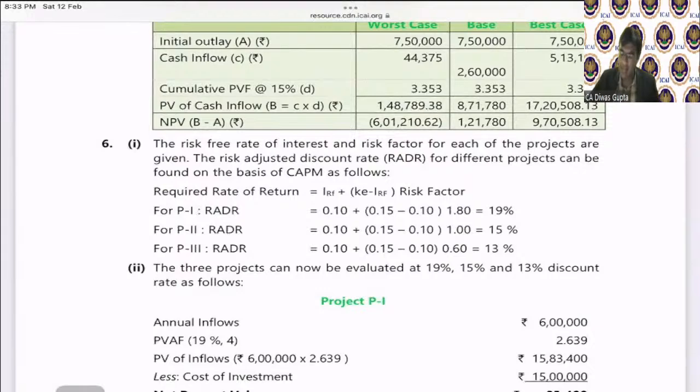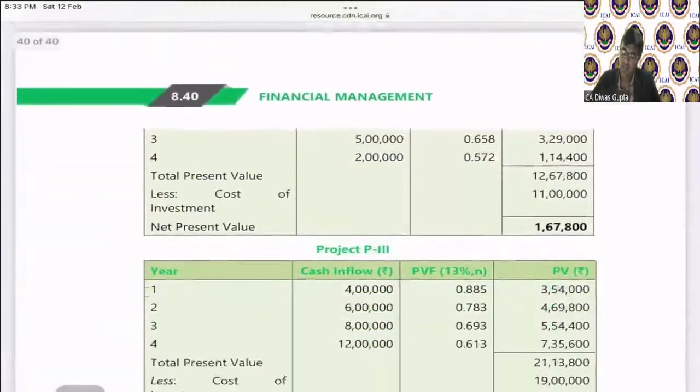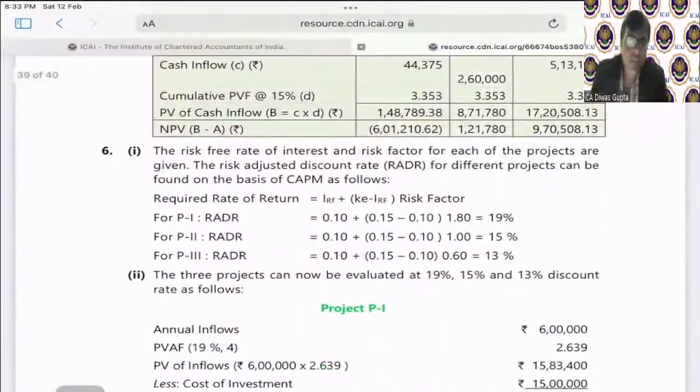And after the RADR is calculated, the same RADR can be used to calculate the NPVs of the different projects. The only catch is that because we have been given the risk-free rate and the overall rate, hence we have taken the risk index and calculated the risk-adjusted rate.